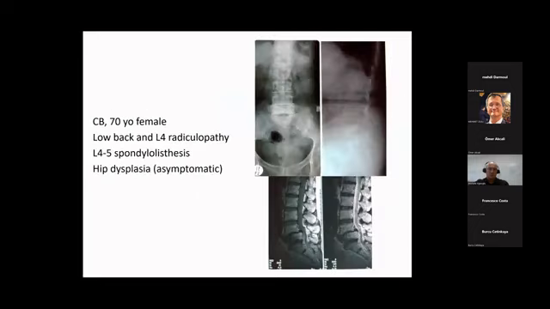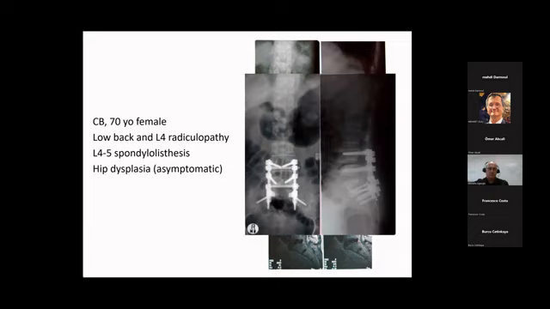Another example, a 70-year-old female patient. She had severe low back pain and radicular symptoms regarding the L4 nerve root. Radiological exams showed severe degenerative disease and L4-5 spondylolisthesis. Posterior decompression and fusion were performed to the lumbosacral area.